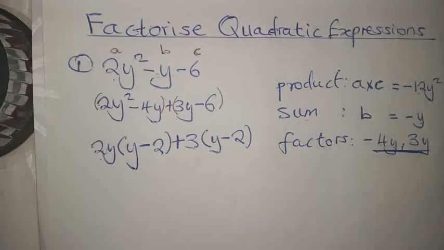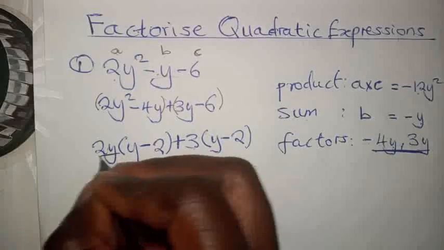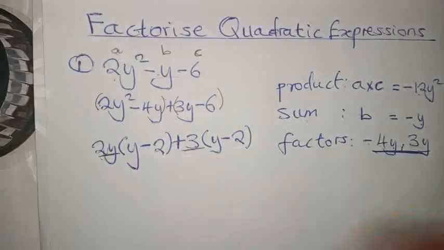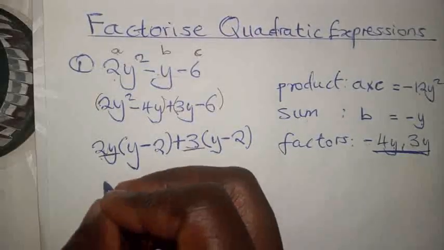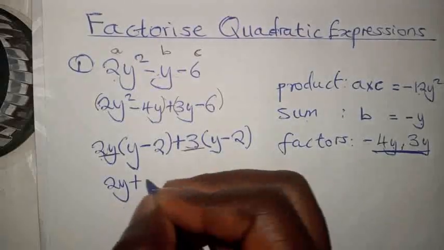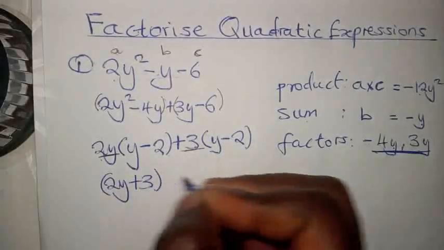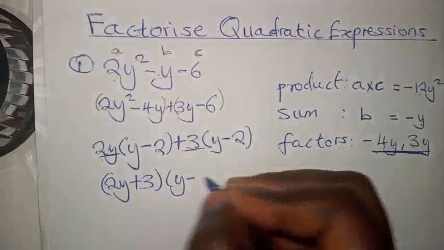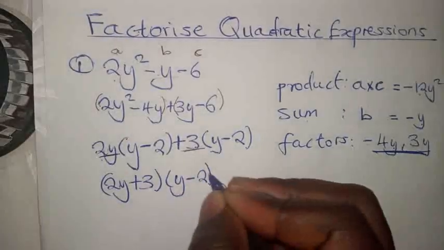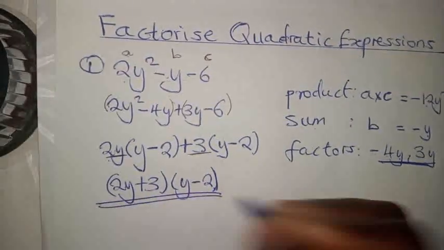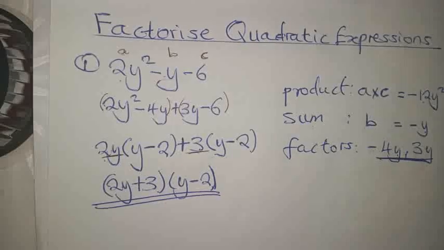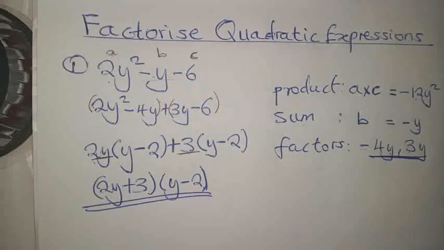These which are outside will have their own expression in brackets. So you can say (2y + 3)(y - 2). You end here. That is how you factorize it, and it is as simple as that.